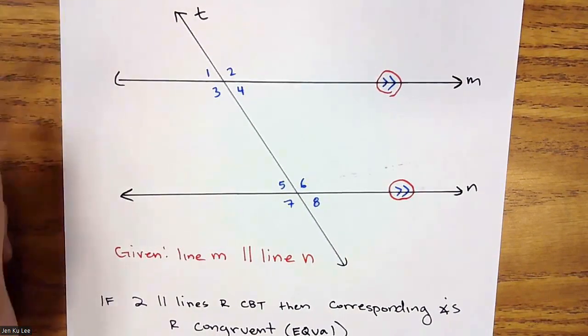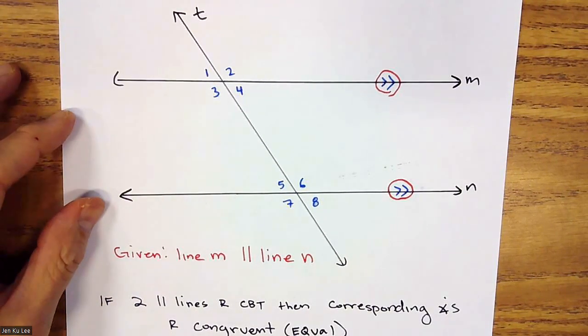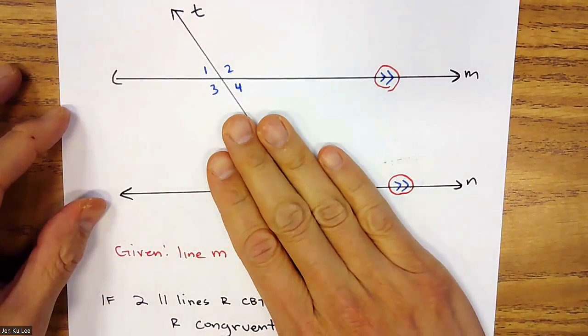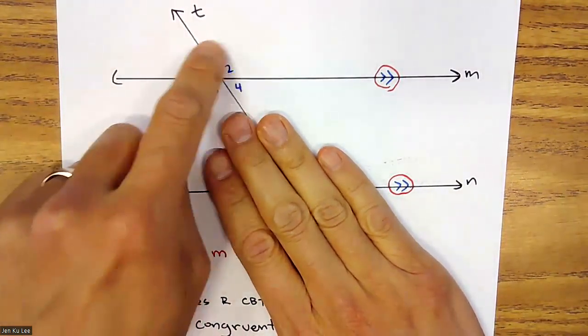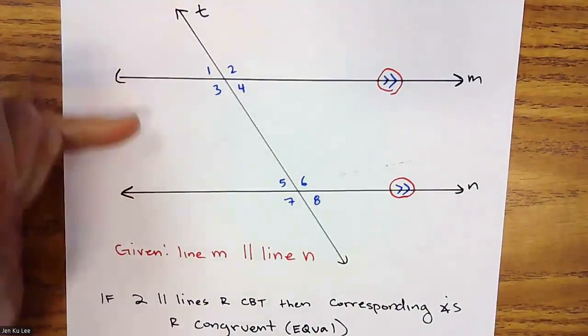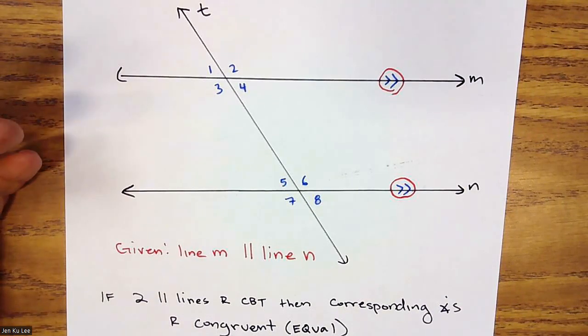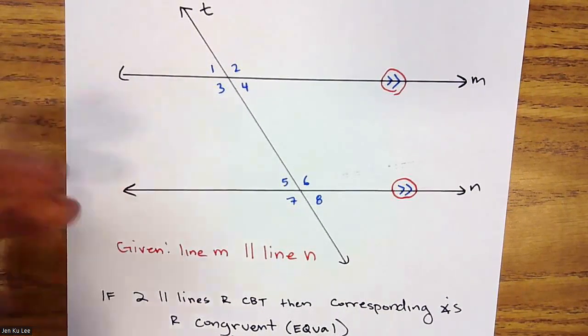And notice, class, in these special relationships, we're not just talking about the transversal and one of the parallel lines. We're going to use the fact that they are parallel in order to showcase the relationship. Does that make sense?